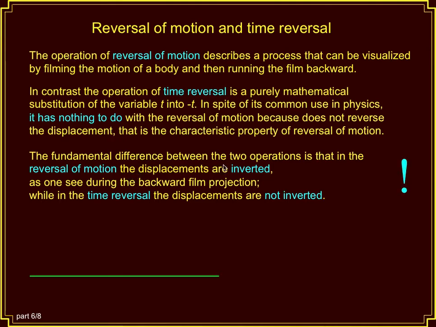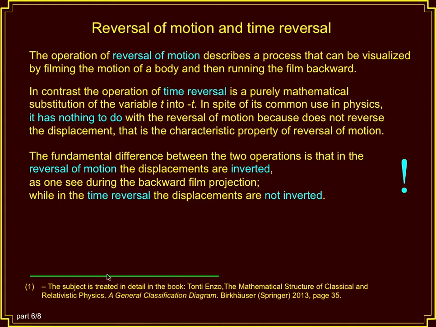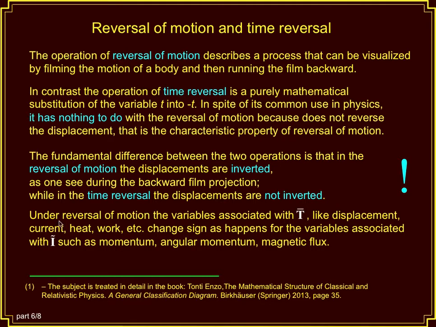The fundamental difference between the two operations is that in the reversal of motion, the displacements are inverted, as one sees during the backward film projection, while in the time reversal, the displacements are not inverted. This is stated in the book. At the reversal of motion, the variables associated with t bar, like displacement, current, heat, work, and so on, change sign, as happens for the variables associated with t tilde, such as momentum, angular momentum, magnetic flux.